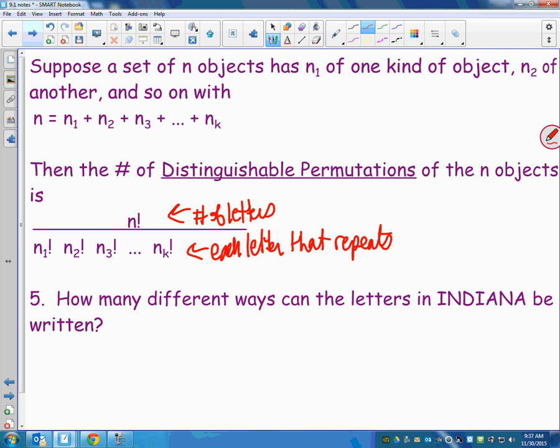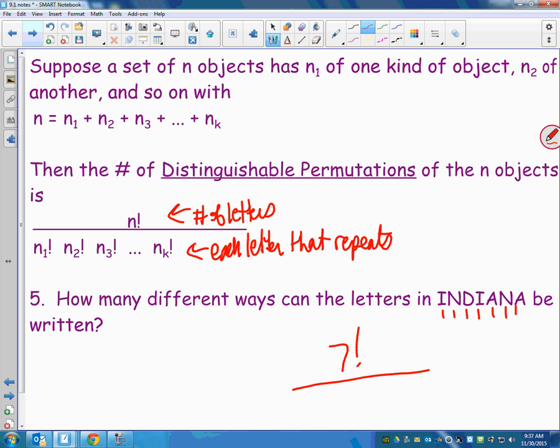I'm not saying we're actually making words out of this, right? So how many different ways can we write the letters in Indiana? They're not words, but how many different combinations could we make from the letters? We take the number of letters in Indiana: 1, 2, 3, 4, 5, 6, 7. We're going to take 7 factorial. And then for each letter that repeats itself, we do the factorial of the number of times it repeats on the bottom.